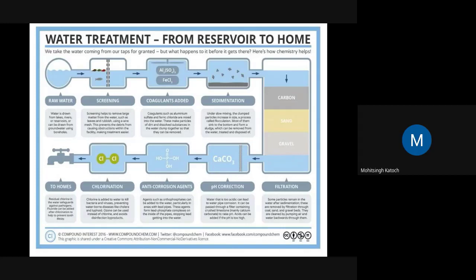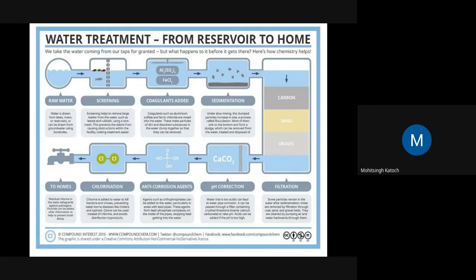So to prevent this type of contamination and to kill the bacteria which enter the pipeline from these leakages, we add some residual chlorine, which is generally around 2 mg per liter, 2 ppm. This residual chlorine helps in killing off some contamination which may happen in the distribution pipe network.